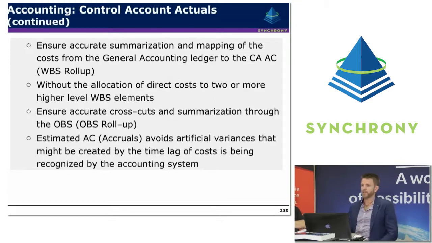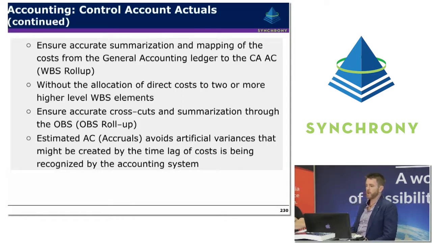It's important also to ensure that there's accurate summarisation and mapping of costs from the general accounting ledger to the control account or the WBS roll-ups, without the allocation of direct costs to two or more higher-level WBS elements. So once again, this is getting back to that hierarchical nature where all costs should only be associated with one WBS element.